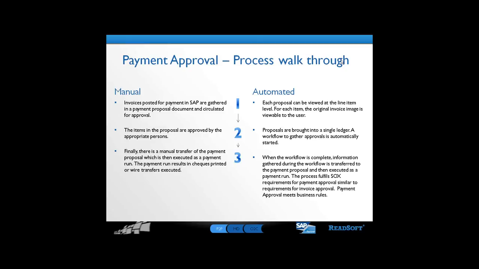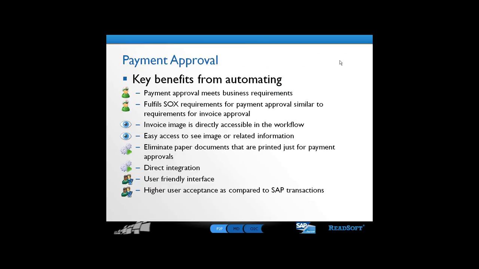The process then fulfills all of the SOX compliancy, and all of your approval business rules that are present will be applied right the way across. So total compliancy within that. So key benefits from automating here: it's going to meet your business requirements, SOX compliancy is fulfilled, the invoice images are easy to see, and it's directly integrated into SAP, so a very user-friendly interface and a high user acceptance as well.